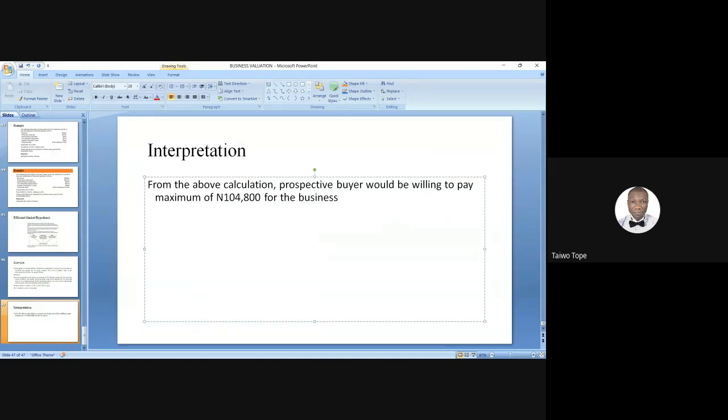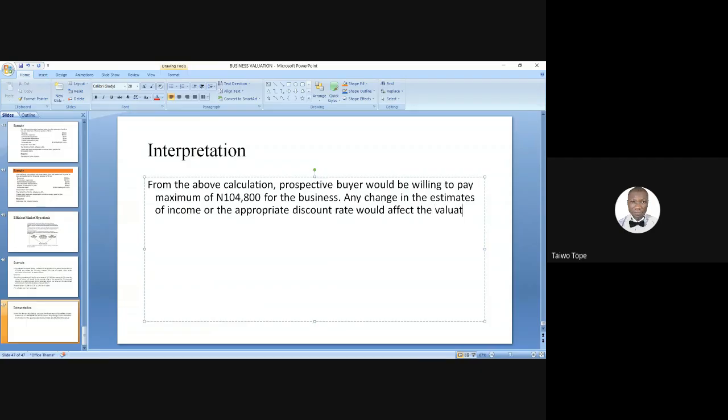104,800 for the business. The point is, any change in the estimates of income or the appropriate discount rate would affect the valuation.